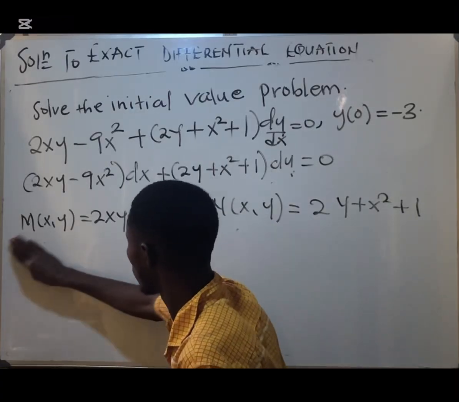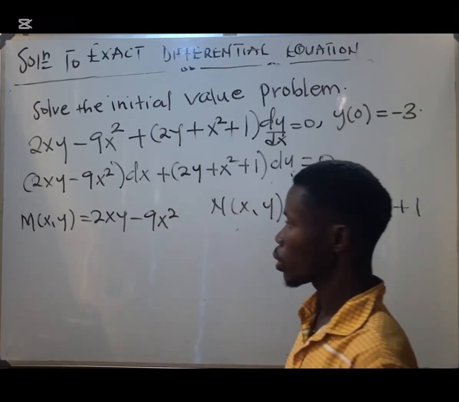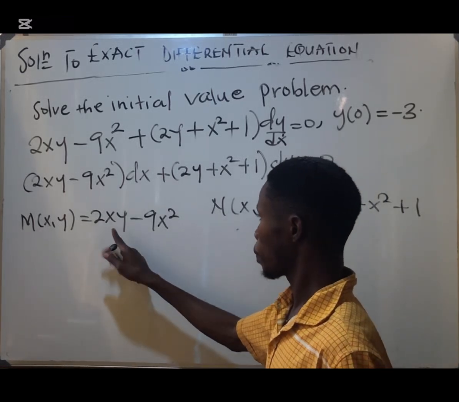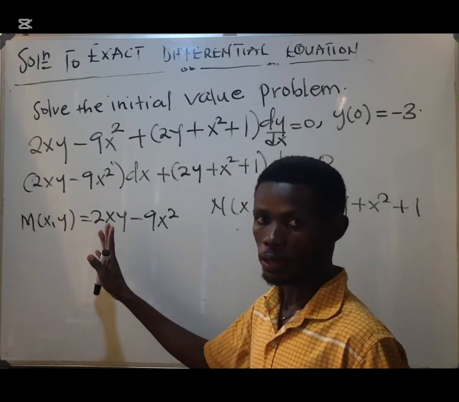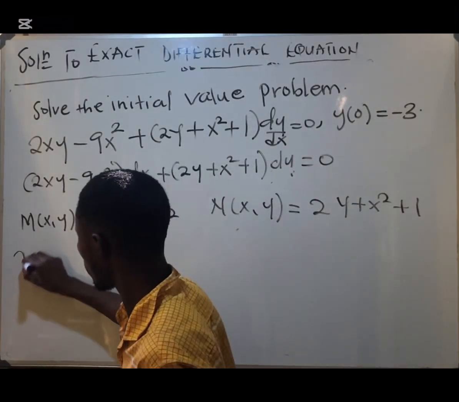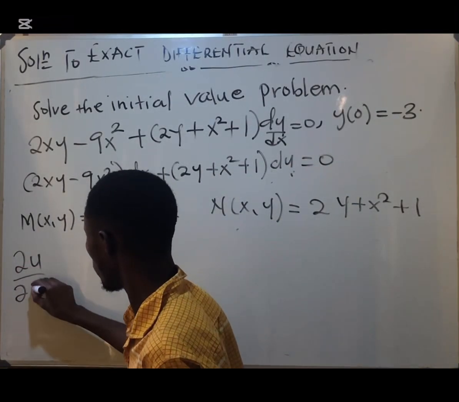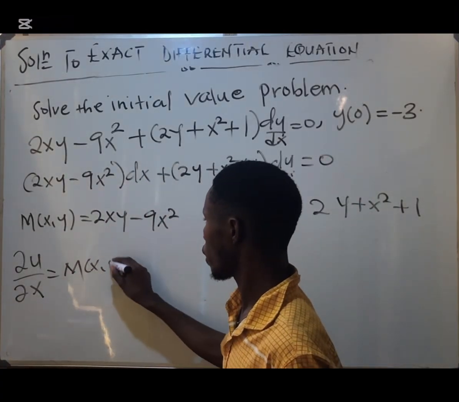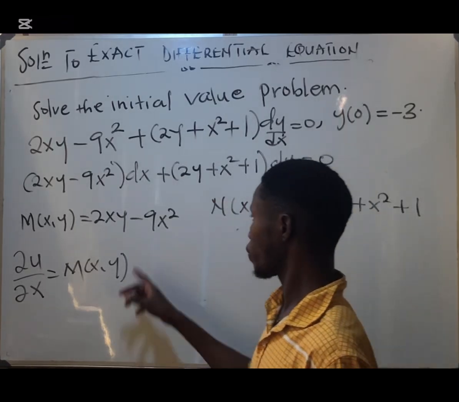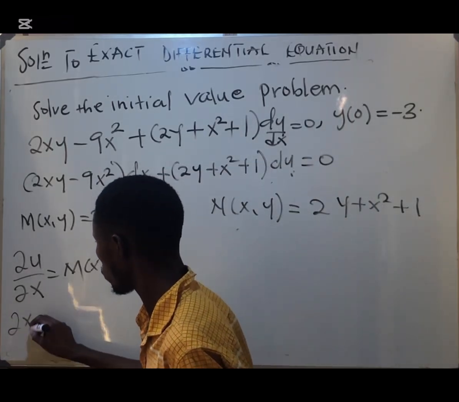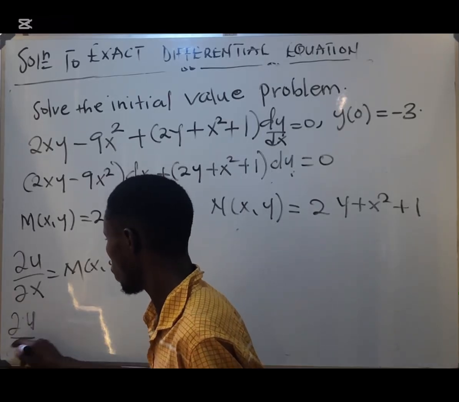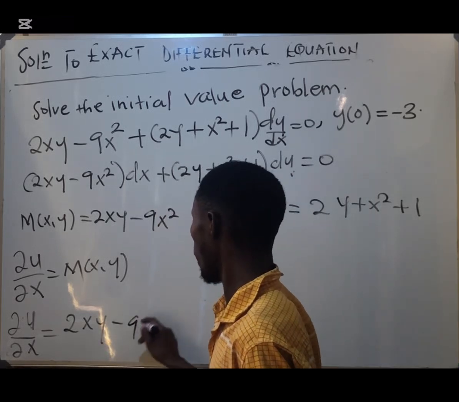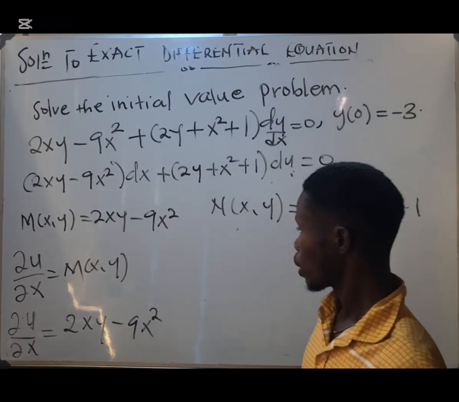So per the solution, what I'm going to do first is, remember, we always integrate this one like this. Partial u partial x is always equal to what? M in terms of x and y. So partial u partial x equals 2xy minus 9x squared.